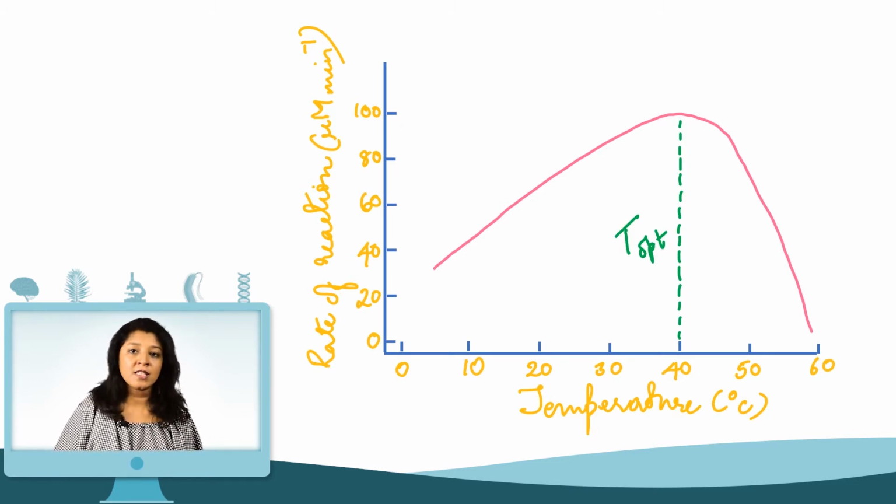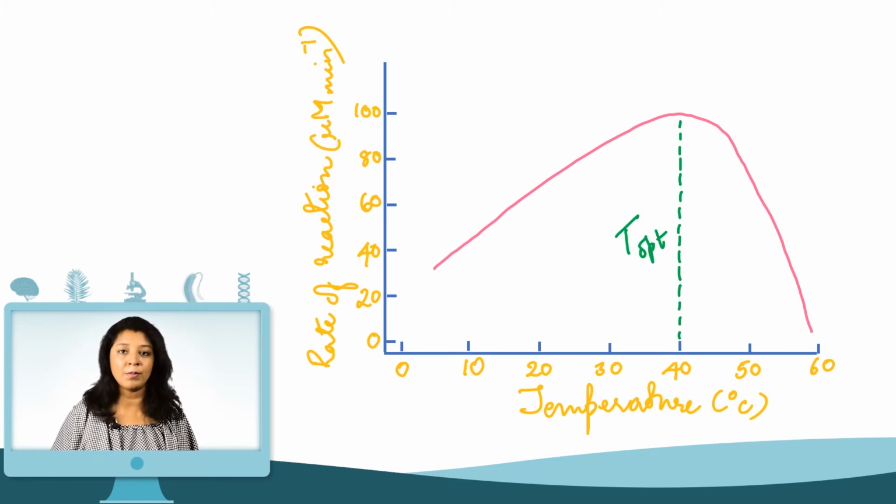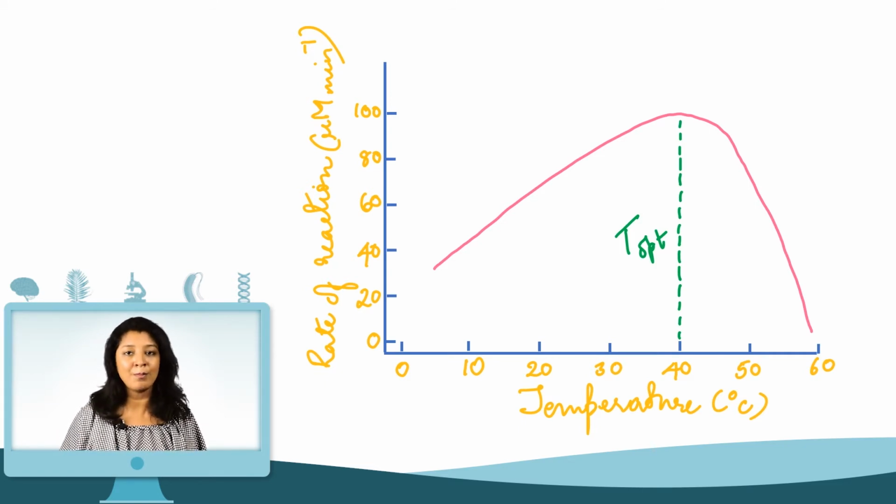So to a certain extent, enzyme activity increases along with temperature. And this is because heat enables enzyme-substrate interactions. But once it reaches the optimum level, any more increase in heat will break chemical bonds and denature the enzyme. And therefore, the activity level will drop, which is how we get the bell curve.